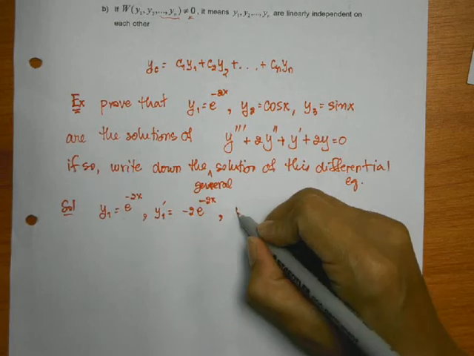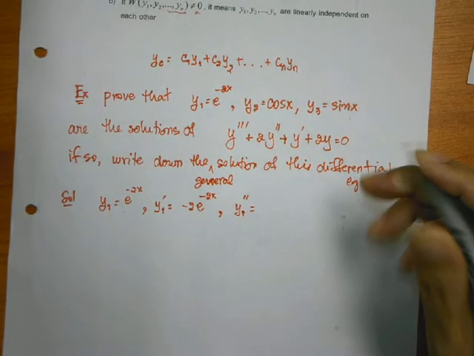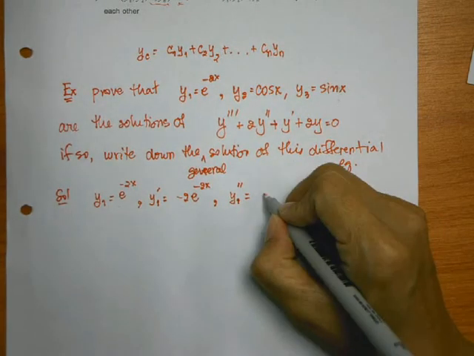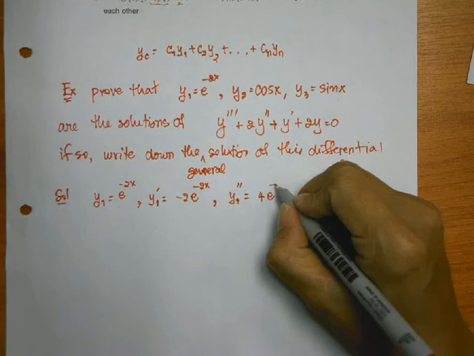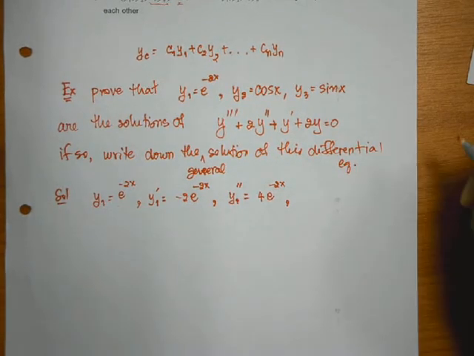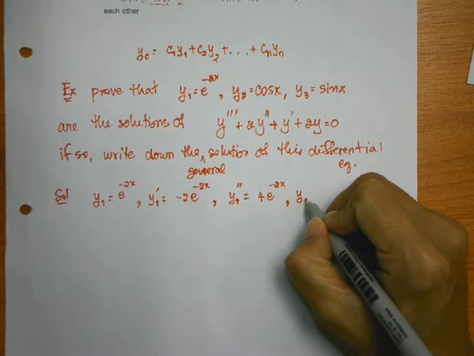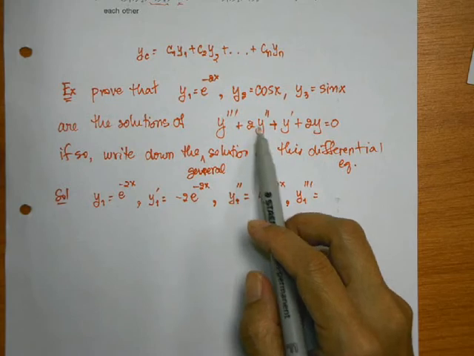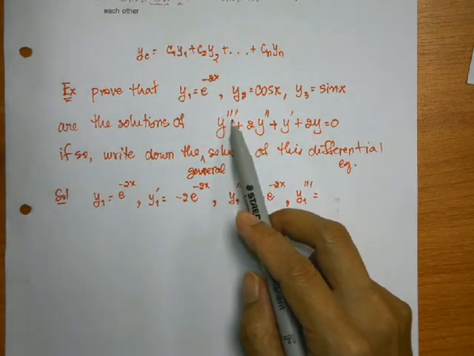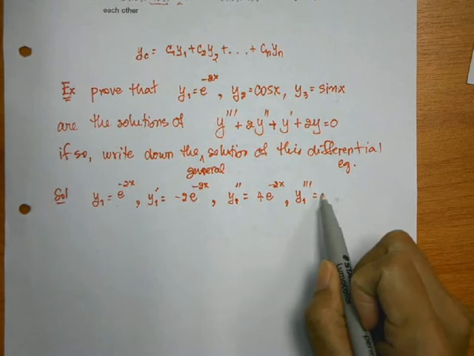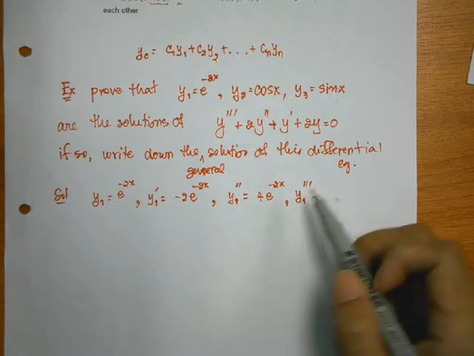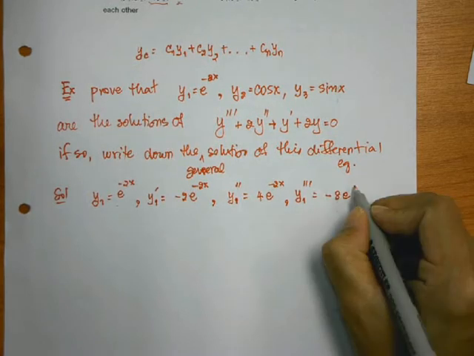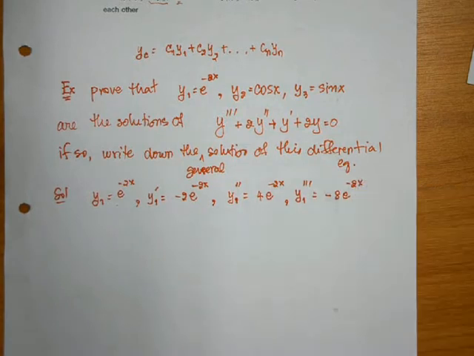If you do the second derivative, you would get plus 4 times exponential of minus 2x. And you have to do it one more time, right? Because in the equation itself, you have 3 times. So the third time, what do you get? Negative 8 times exponential of negative 2x.